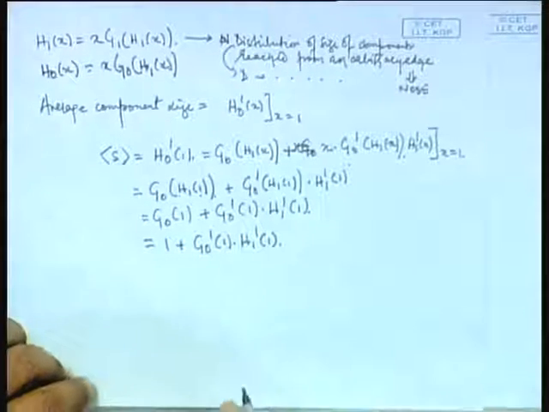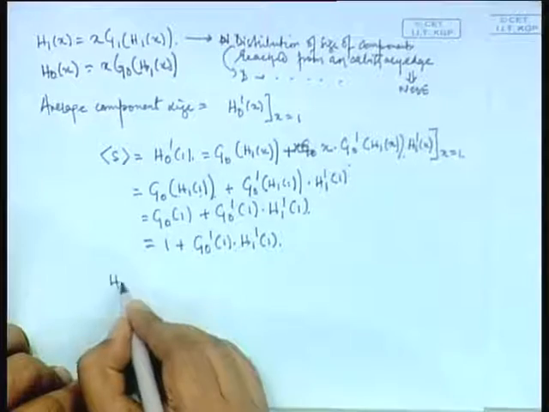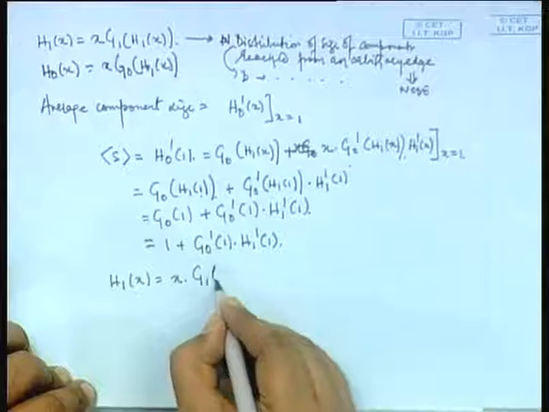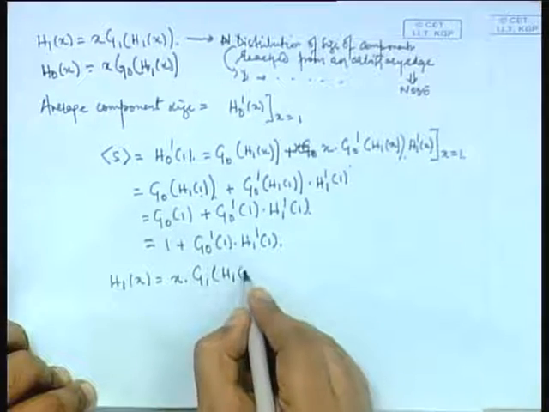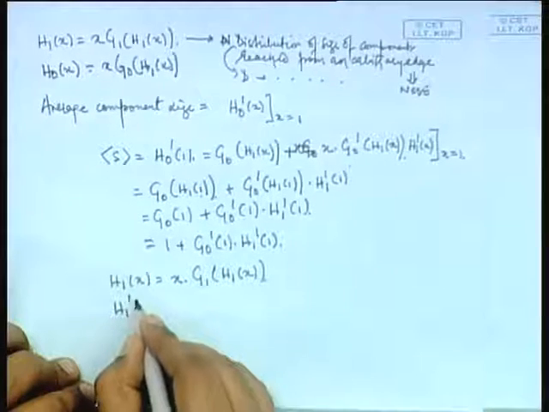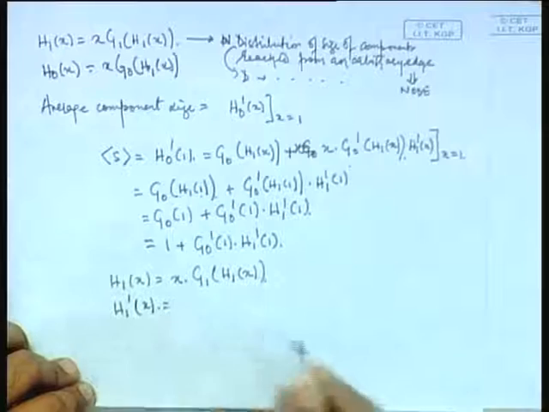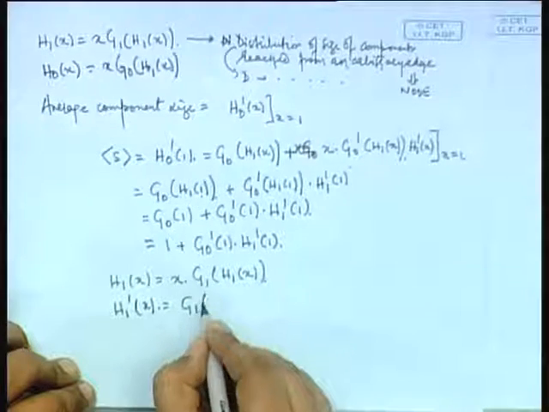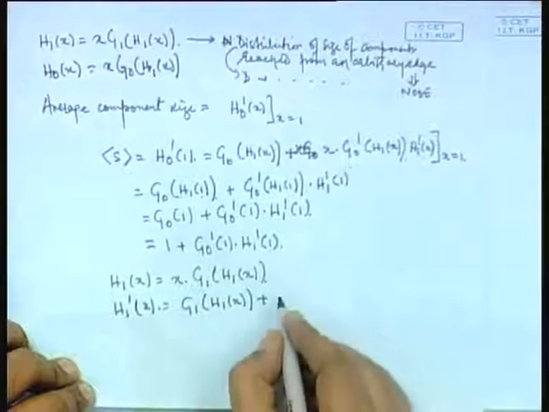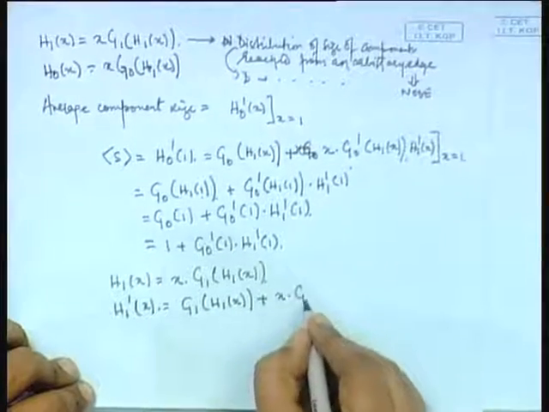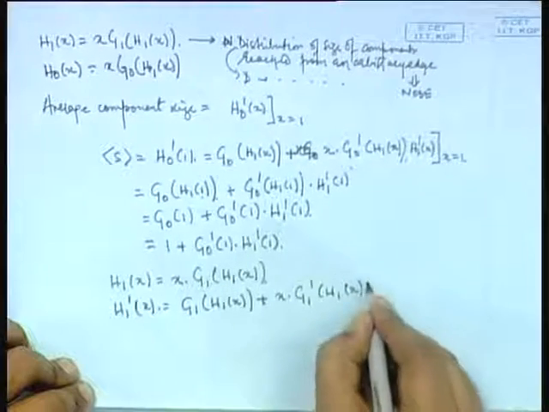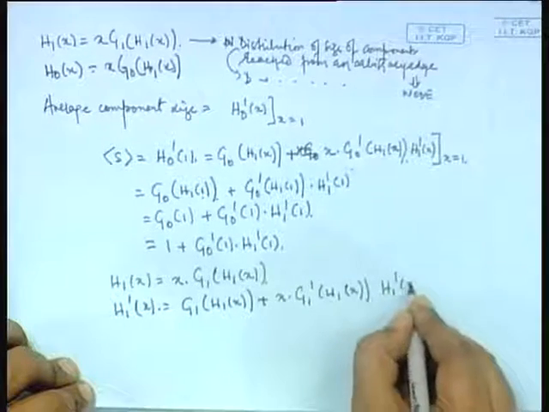Now we have to find H1'(1). So, H1(x) is equal to x·G1(H1(x)). So, what will happen? H1'(x) is G1(H1(x)) plus x·G1'(H1(x))·H1'(x).